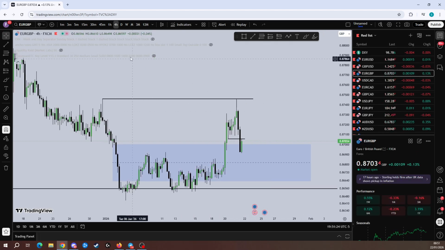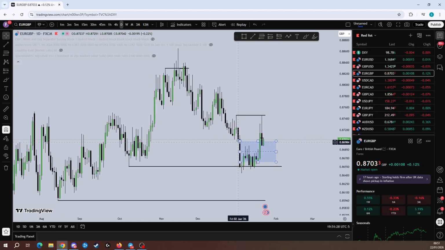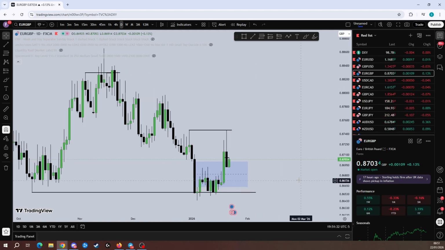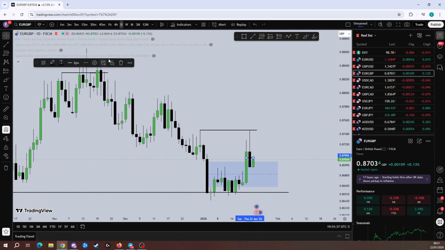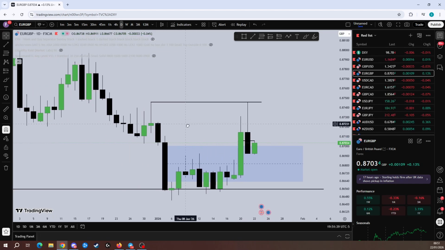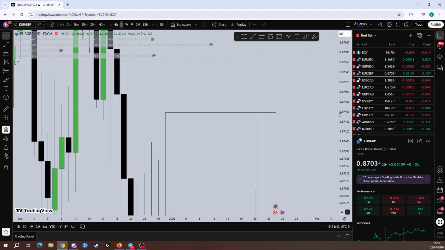And then on Euro GBP, I'm expecting higher prices because we've taken out the sell side and we've inverted this bearish daily fair value gap. So I'm anticipating higher prices on this pair. And if you look, we also have equal highs here, as you can see.